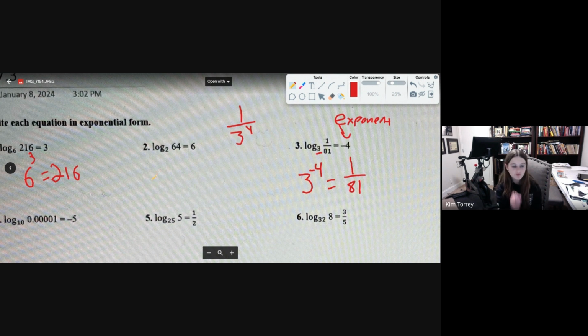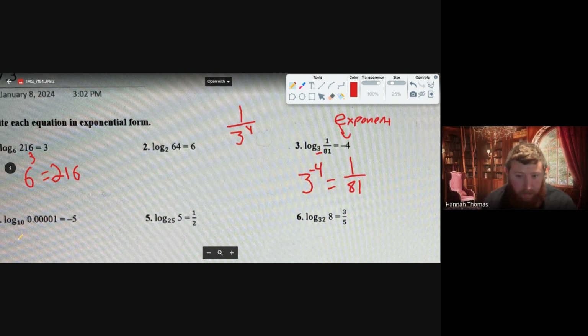And for number 4, it would be the same thing. These are all going to function the same way because they're all logarithms.